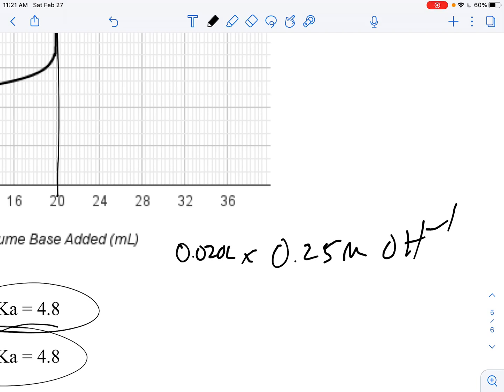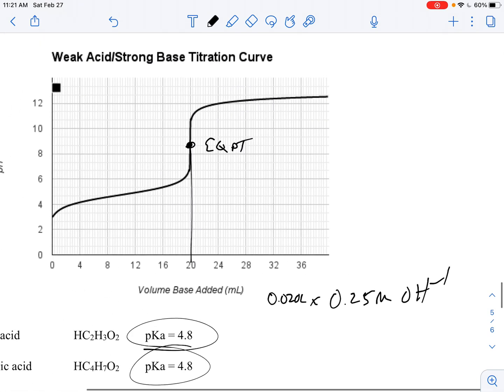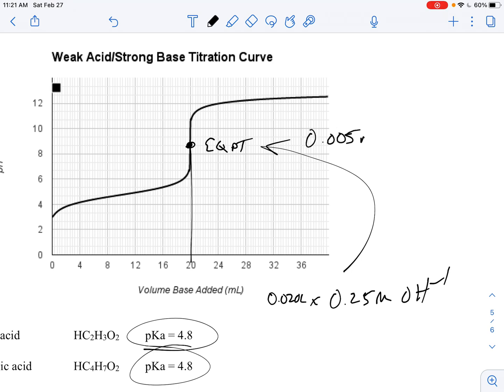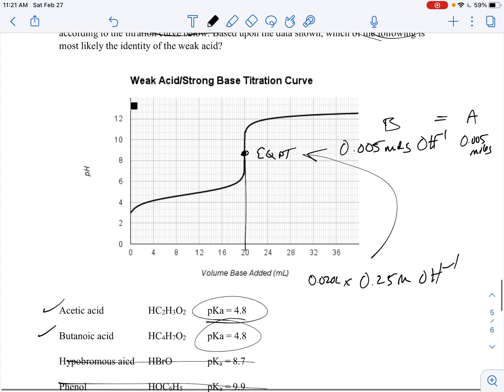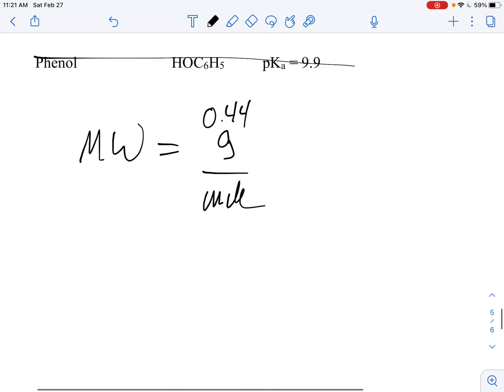So 0.02 liters at 0.25 molarity is going to be 0.005 moles. At that point, you have 0.005 moles of the hydroxide that was added. The whole idea of the equivalence point is that your base and your acid are equal to each other, so I have 0.005 moles of my original acid as well.